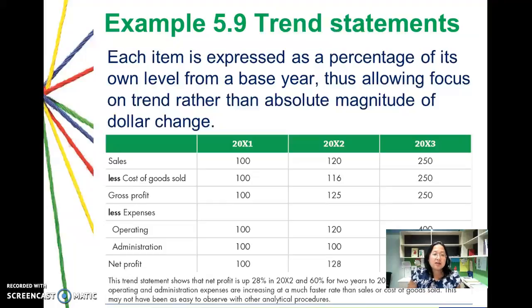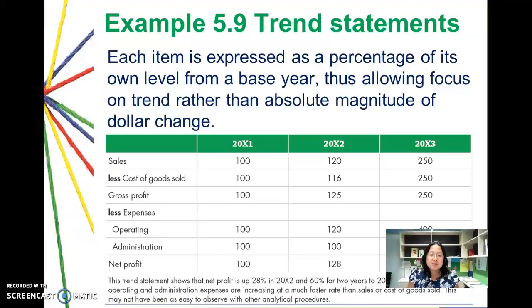So in this example, how do you interpret it? Sales has increased by 20% in year 2002 compared with year 2001, and year 2003 is a significant increase of 250%.